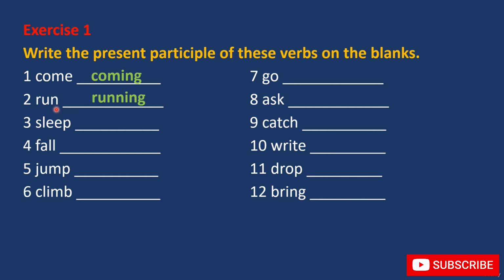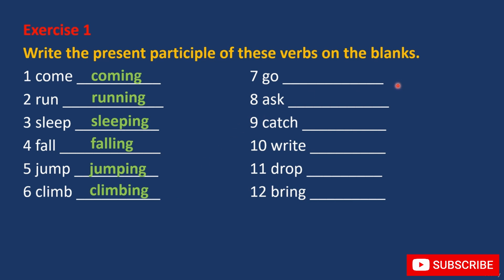N-N-I-N-G. So I double the consonant before I add ing. What about sleep? Sleeping, no change. Excellent. Fall. Yes, no change, just ing. Falling. Jump. Perfect. Jumping. Climb. Climbing. Perfect. Till now we have no change.